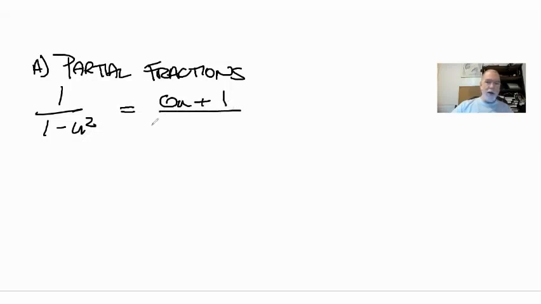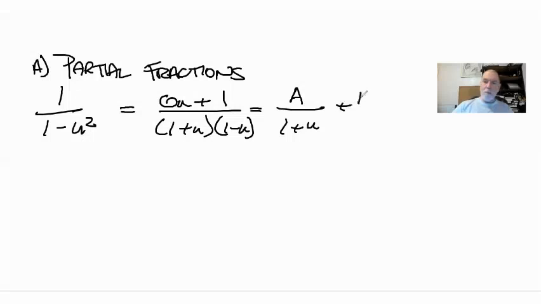And down here, we're going to factor that into 1 plus u times 1 minus u, and that's going to equal A over 1 plus u plus B over 1 minus u.